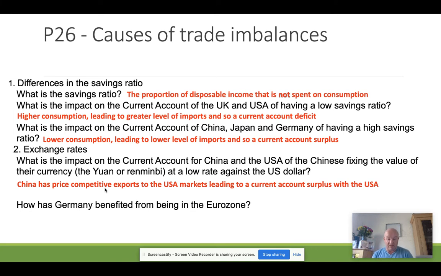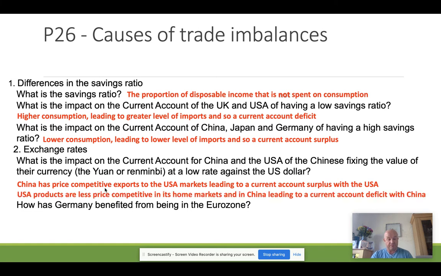If you've got price competitive exports within a particular market, you as a country are going to end up exporting more than you are importing from that country. So the trade balance between two countries will be fundamentally affected by that.